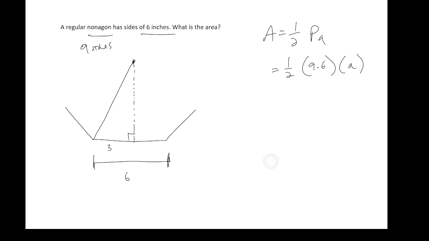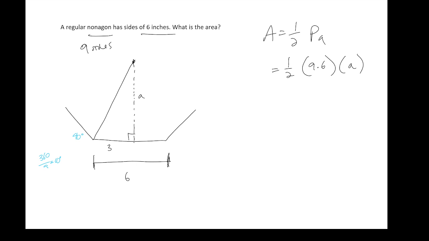Now, I could find the apothem if I used trig, and I'm going to need to figure out what my lengths are here. Now, remember, I can figure out my exterior angle from 9 sides. It's going to wind up being 360 divided by 9, which is 40 degrees, right? So this is 40.